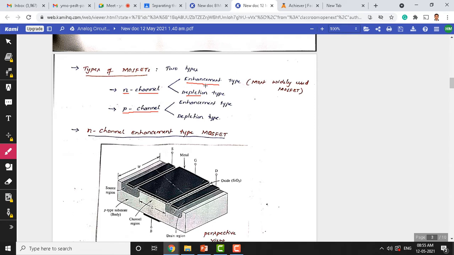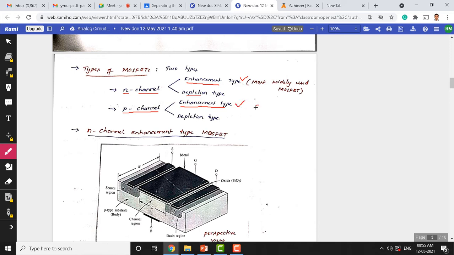We'll try to explain the details of the enhancement type MOSFET, so that students can go back and try to understand the other types like N-channel depletion, P-channel enhancement, and P-channel depletion type MOSFETs. So I strongly suggest you go through N-channel enhancement type MOSFET and P-channel enhancement type MOSFET.